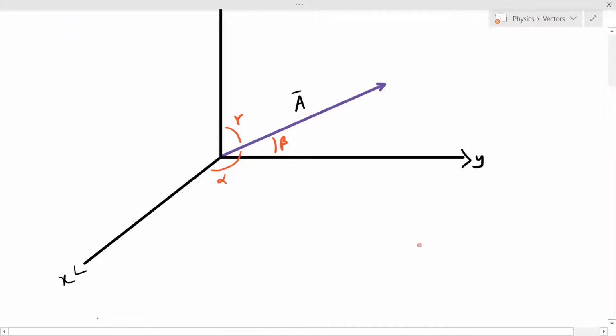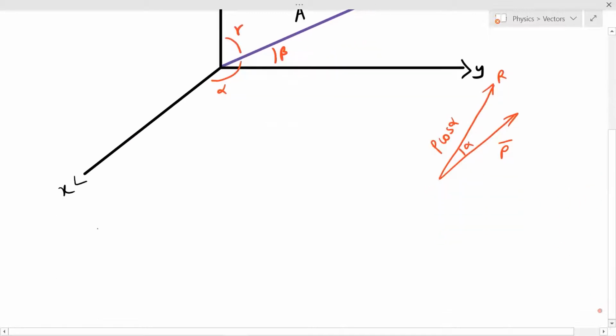Now let's find the components of this vector along the x direction, y direction, and z direction. We know that if I have p bar and any other vector r bar, and this angle is alpha, then its component along the vector r bar is p cos alpha. So any vector's component along the specified vector is nothing but the magnitude of the vector multiplied by the cos of the angle between the vector and the direction along which you have to find the component.